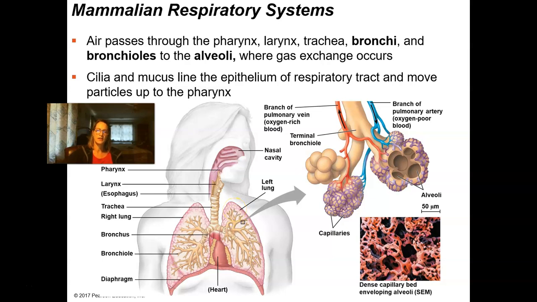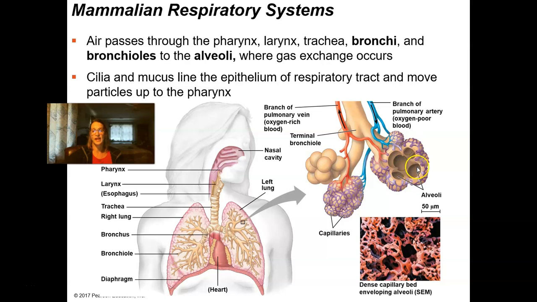And the alveolus is where gas exchange occurs. You can see that there are these capillary beds that are surrounding the alveoli. So this is where gas exchange occurs, where carbon dioxide coming from the blood goes into the alveoli, and then you'll be able to breathe that back out, because the air will go right back out through the bronchioles and the bronchus and the trachea, etc. Also, when you breathe the air in, this is oxygenated air.